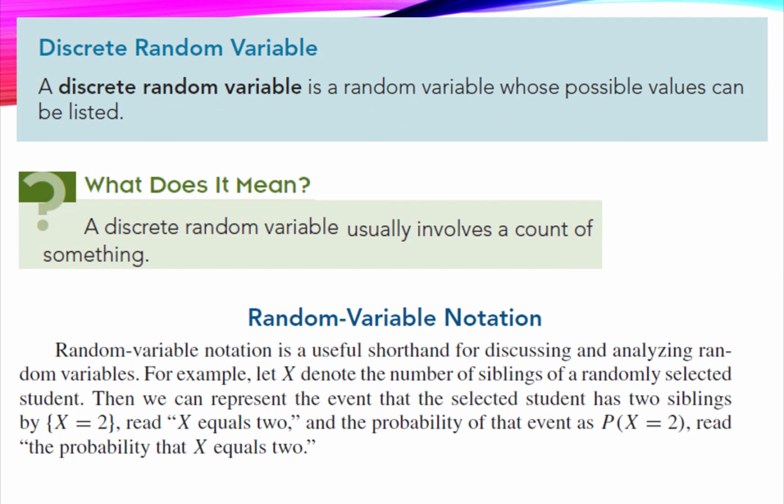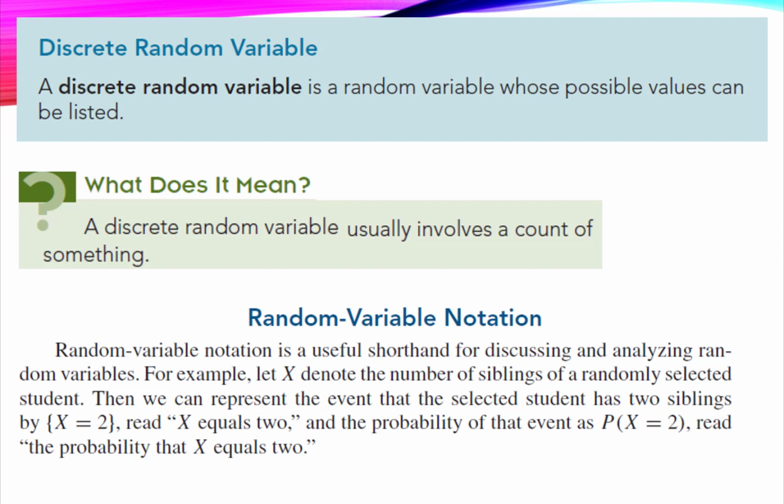If the random variable involves a count of something, then we call that random variable a discrete random variable. Capital X will be used for the event.